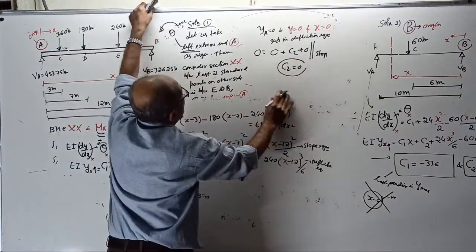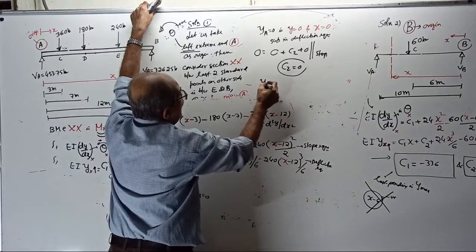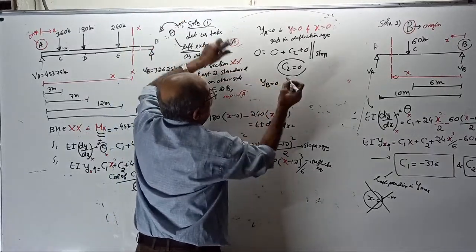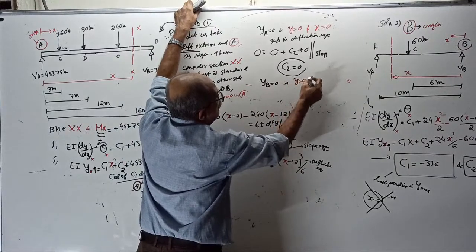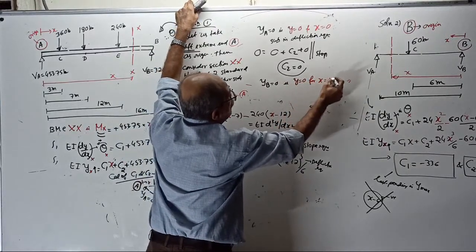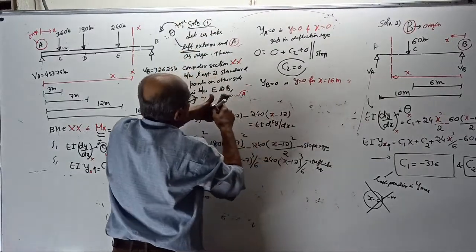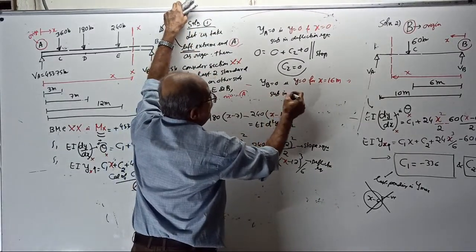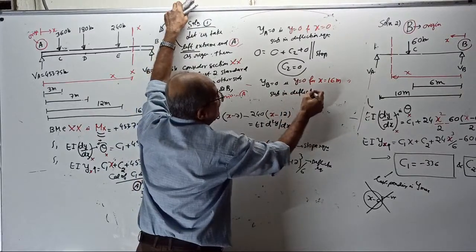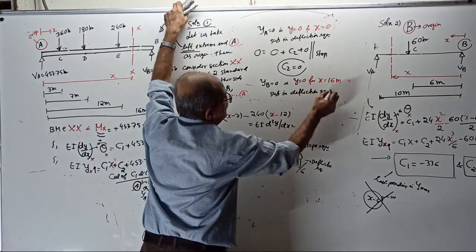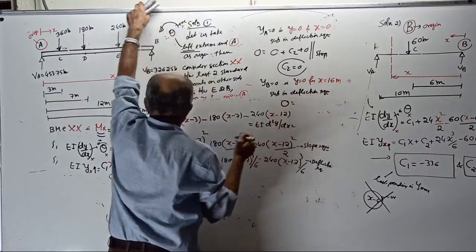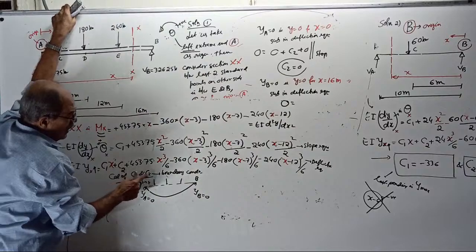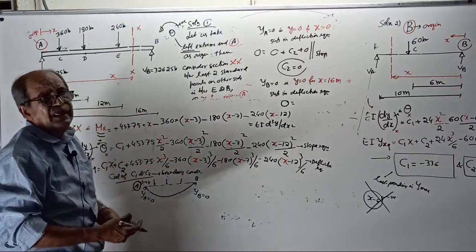Okay, then next condition. Deflection at B equal to 0. That is, your Y becomes mathematically 0 for X equal to 16 meter. Again, substitute in the deflection equation. 0 equal to, remember, we are putting X equal to 16. Everywhere bracket terms are there.